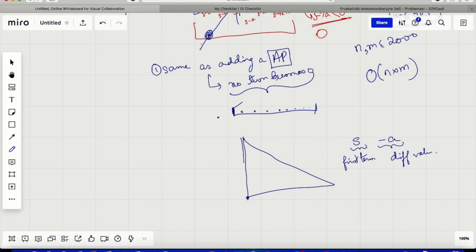For here it's kind of the reverse. So the first term is the same but the difference value is reversed, or rather we can think of it as the first term is here and we are adding the difference value like this every time, and it continues till some point.